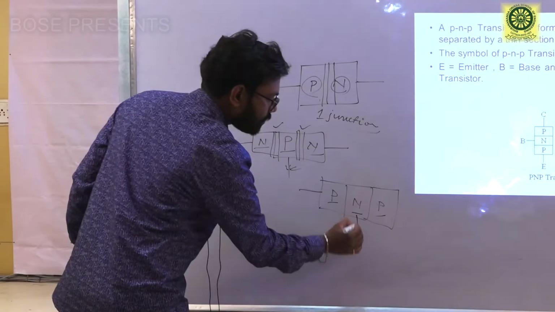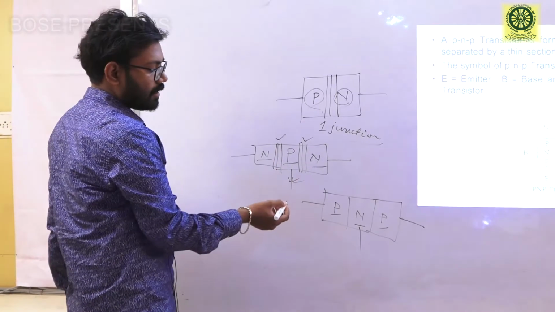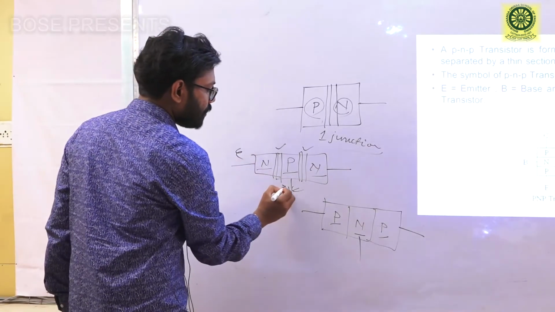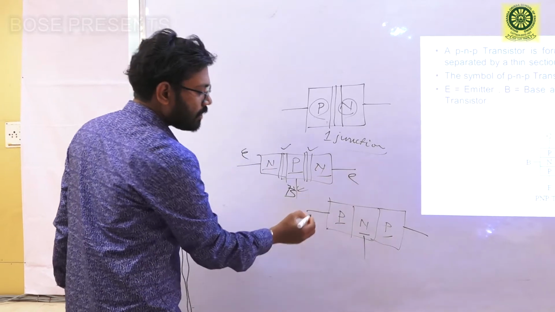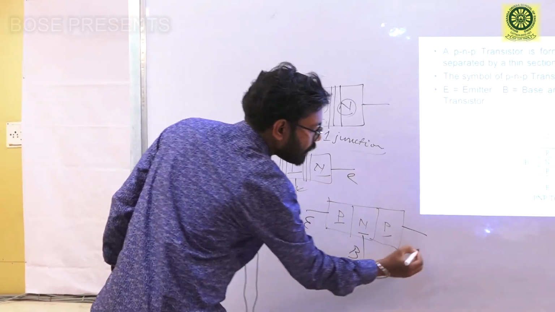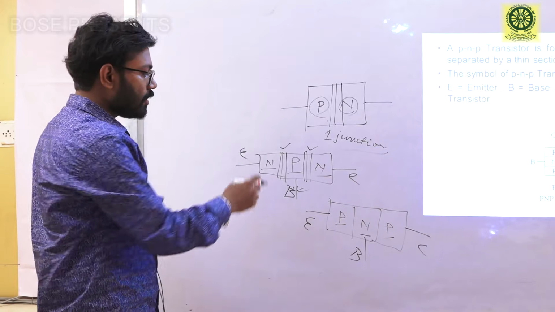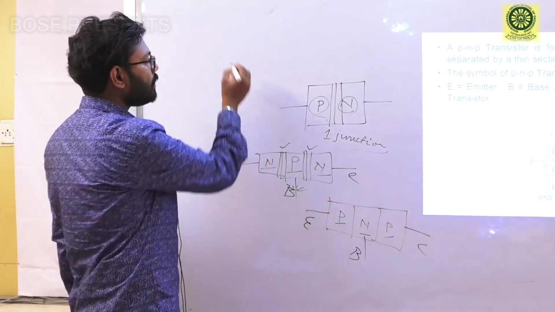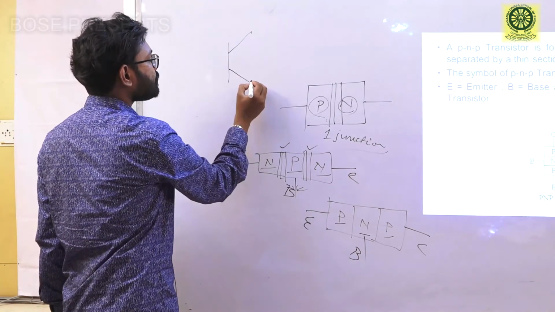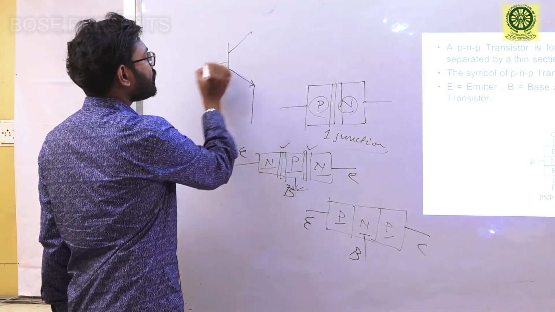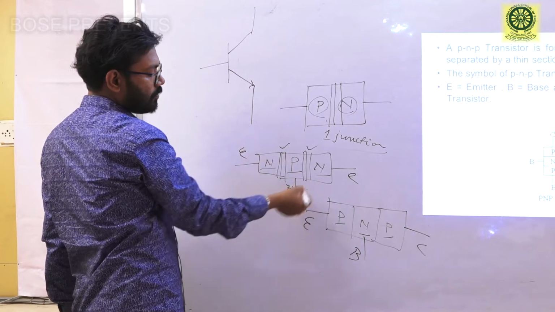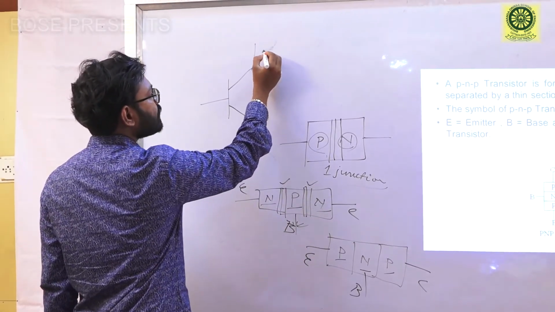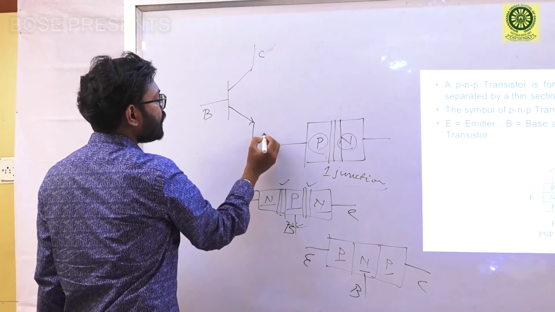From each layer we get one terminal out: emitter, base and collector. Here also emitter, base and collector. So if we draw its symbol, it will be like that, and for each terminal we name it: collector, base, emitter.